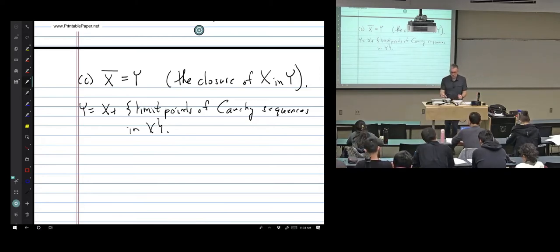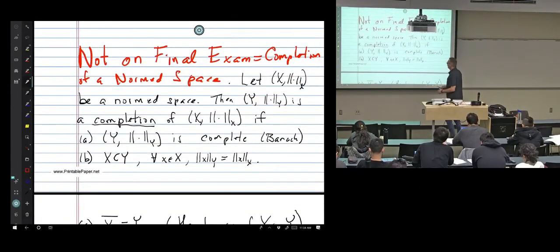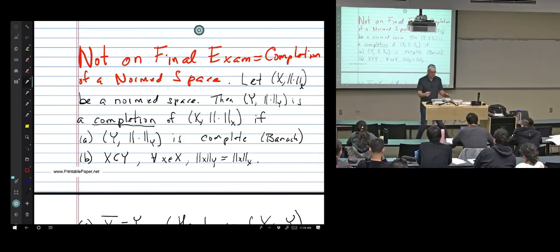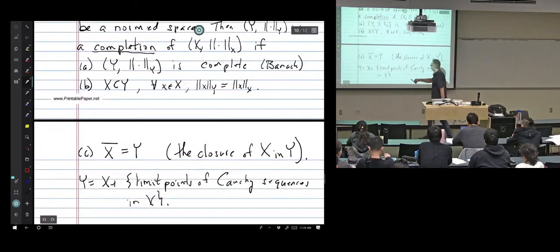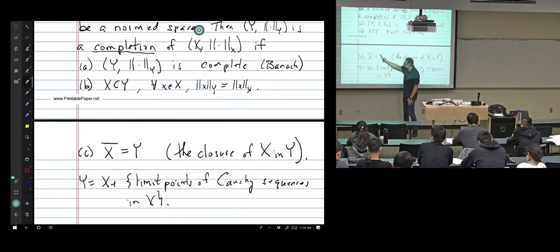Okay, so this is what I mean by it's almost true that if I have a Cauchy sequence in x, does it have a limit? Well, in a slightly bigger space, it does. In this space, every point in it is distance 0 from x. Everything in here is a limit of something in here.